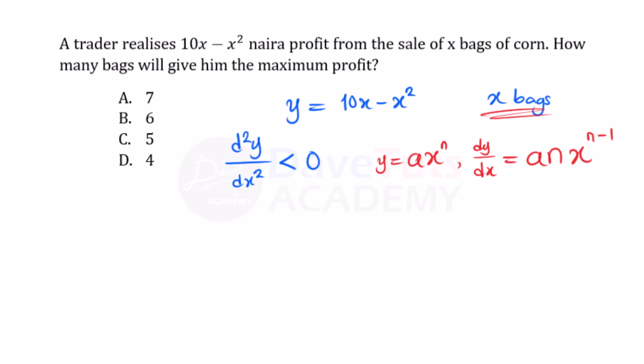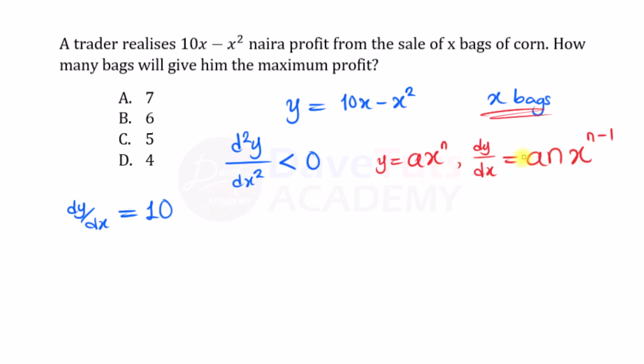If we are to go by this, for this particular expression, before we get to the second derivative, we need to find first the dy/dx. If we differentiate 10x, that's going to give just 10 using this principle.